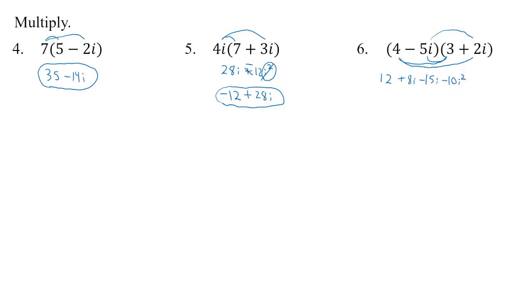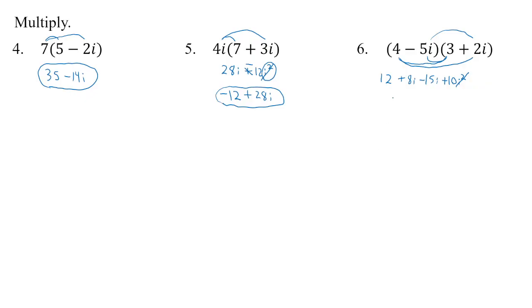Okay. Now keep in mind that i squared has a value. i squared is negative 1. So therefore, what you can do is cross out the i squared and then change the sign here. So now we're going to combine our like terms. First, we're going to do 12 plus 10 because remember, we want to write the real term first.